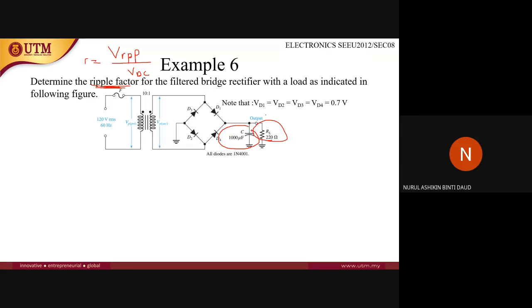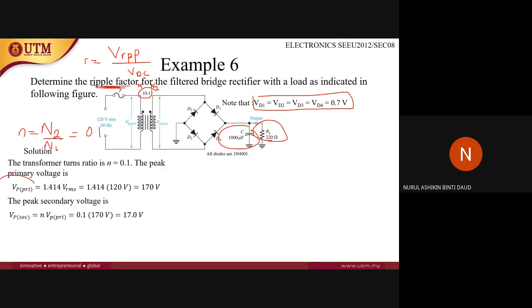So first of all, the transformer ratio is 10:1. So N1, N2. Okay, so what is the value of n? N2 divided by N1 will give you 0.1, right? So first of all, you need to calculate the peak value at the primary part first.